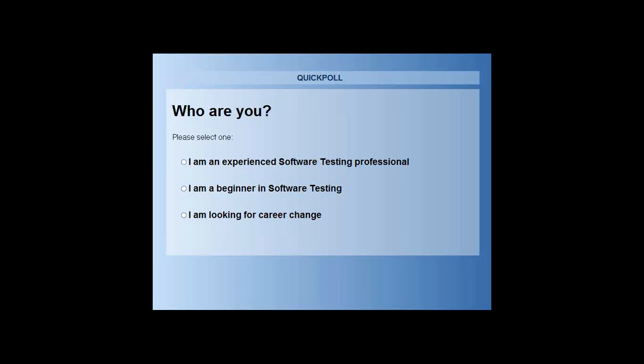Try to answer. We can close in 3 to 4 seconds. Still, I can see only 70%. Another 2 to 3 seconds, I'll close this poll. All right. So let me close this.